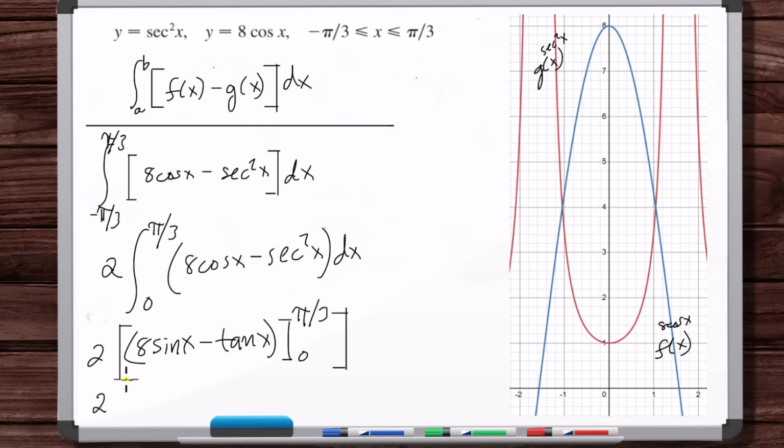So this is 8 times sine of pi over 3 minus tangent of pi over 3, minus 8 sine of 0, so 0, and then tangent of 0, I believe, is 0. Tangent is equal to sine over cosine, yeah.